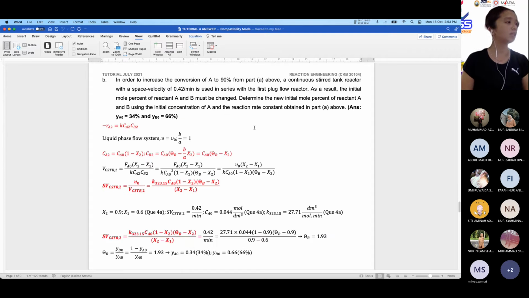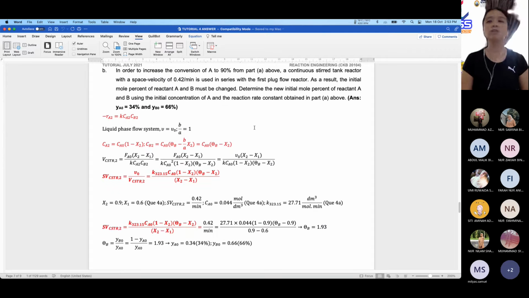I will go to the next question, 4B. Okay, so question 4B. In order to increase the conversion of A to 90% from part A above. Okay, so soalan ni kata, tadi in the first question, kita dah capai conversion 60%. Okay, conversion pertama 60%.